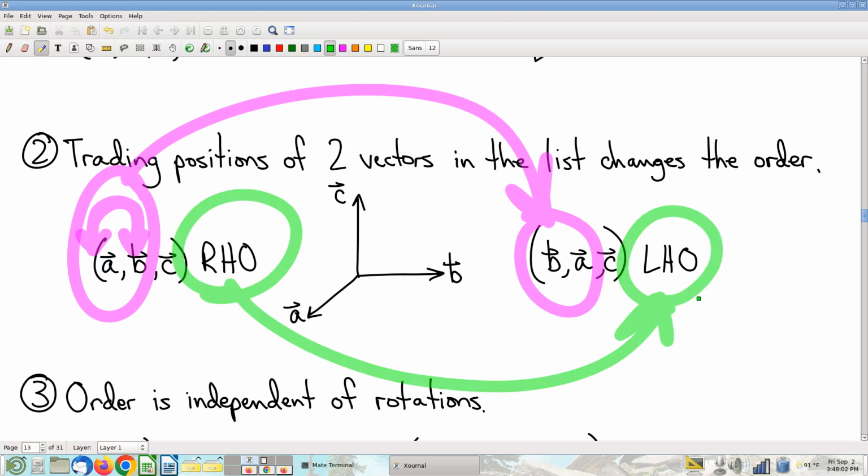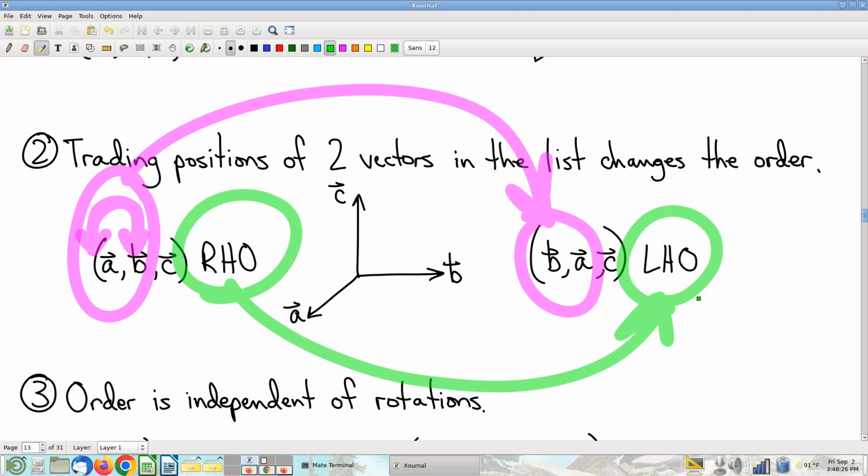Right hand goes to left hand. Let me demonstrate that it started off right-handed, ended up left-handed. A, B, C, A first, B second, C third. Boom, right-handed. Right. These vectors, A first, B second, C third. Right-handed. But now let's look at this list.